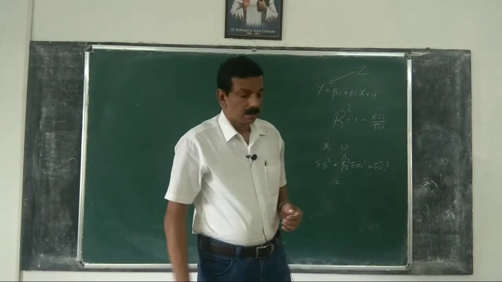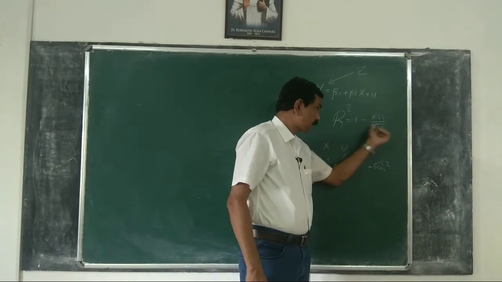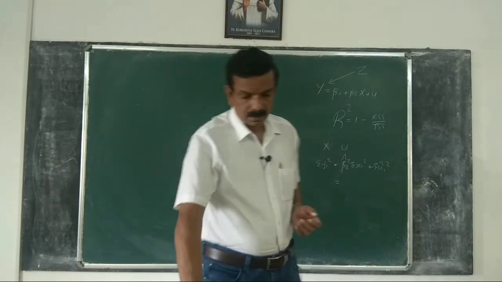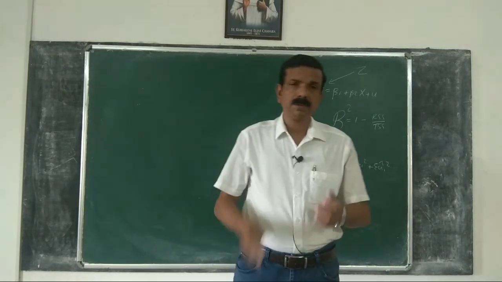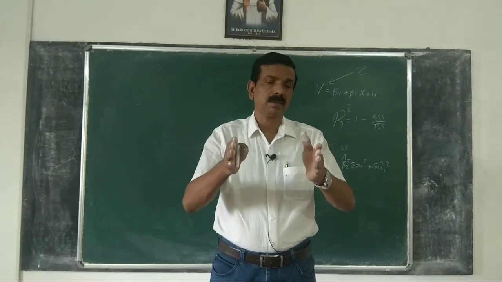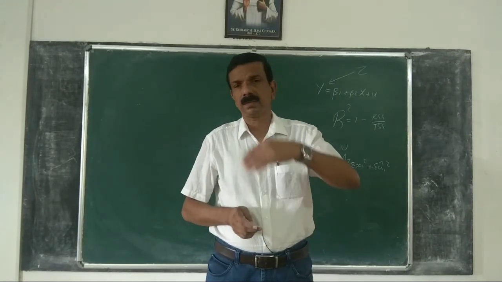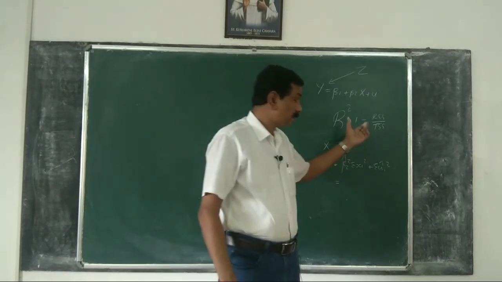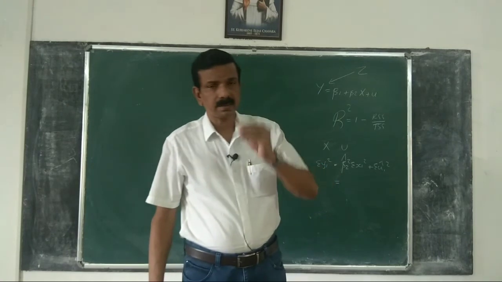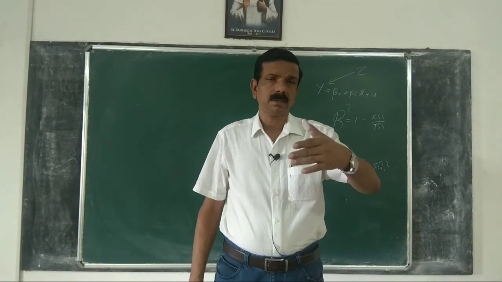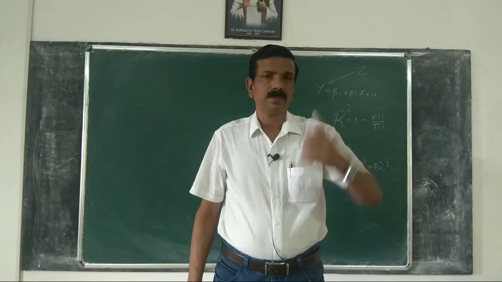So goodness of fit or R square is not at all a factor. The point is, if you use OLS, you will get a high R square, but the estimators are biased and also inconsistent. But instrumental variable, though biased in small samples, is consistent. But R square will not be very useful here.